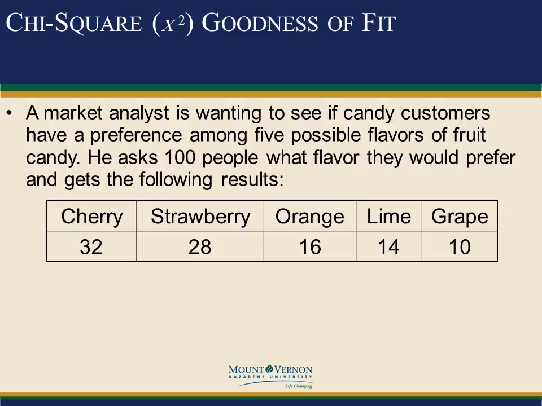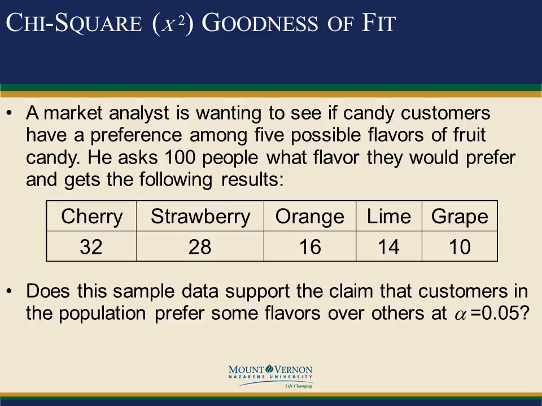He asks 100 people what flavor they would prefer, and the results are as follows. 32 prefer cherry, 28 strawberry, 16 orange, 14 lime, and 10 grape. As always, we're really interested in whether or not this data reflects a true preference within the population, or if perhaps just by chance we happen to get people who like cherry and not so many people that like grape. The goodness of fit test allows us to test that hypothesis.